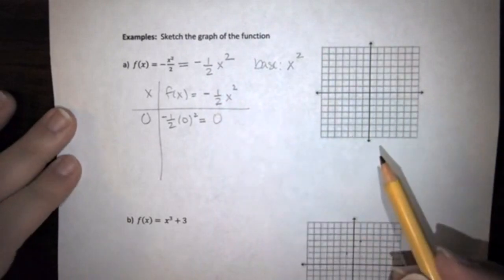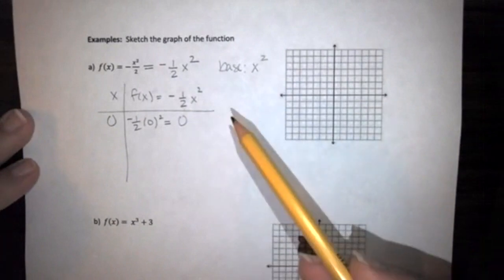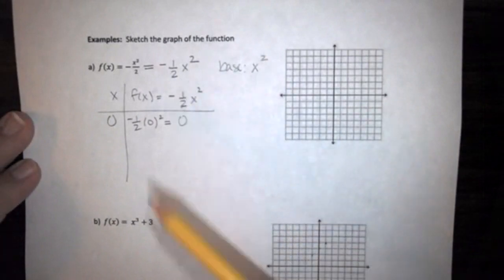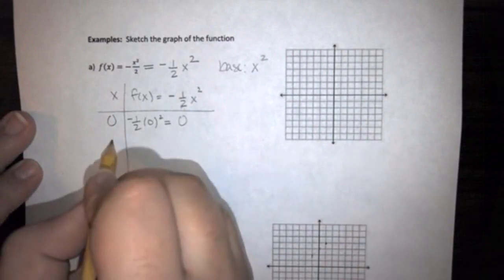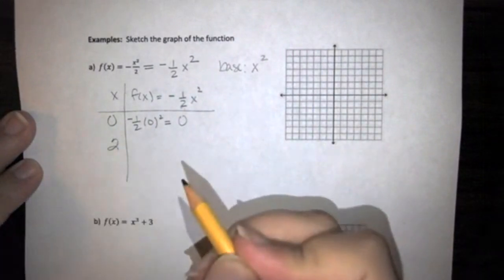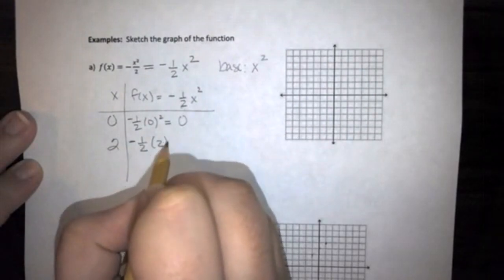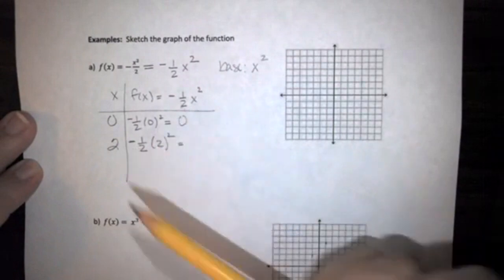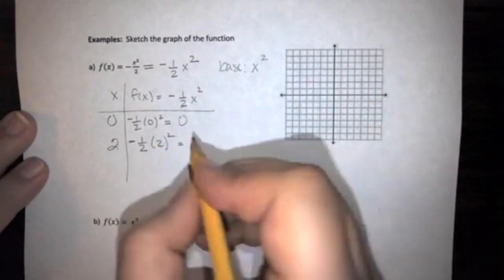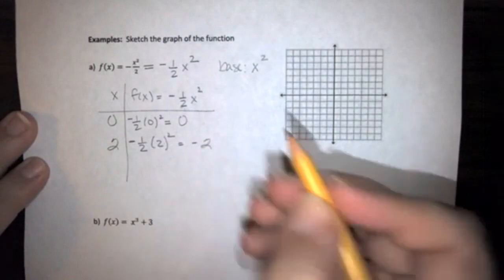So I'm going to hope that I can work with some number that's going to give me something easily cancelable with the 2. So the first thing I'm going to look at is positive 2. So here I've got negative 1/2 times 2 squared. Well, 2 squared is 4 times negative 1/2 is going to give me a negative 2 as a result.